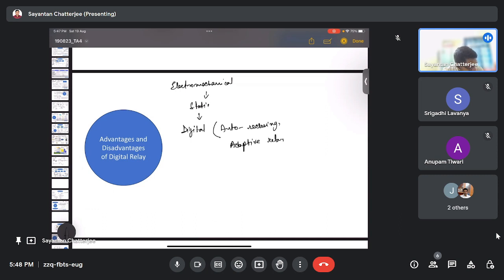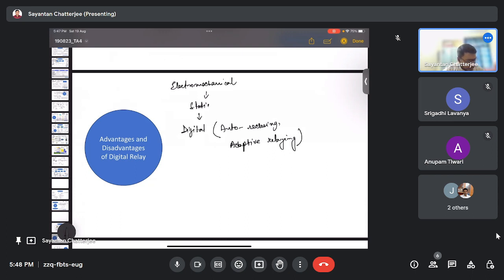So these are the advantages, although it has some disadvantages, like the relays getting evolved every day. The evolution of relays is quite fast because day and night researchers are working on developing relays. So the upgradations or modifications that are being incorporated in the present smart grid architecture need to be acknowledged and incorporated in the smart grid trend.